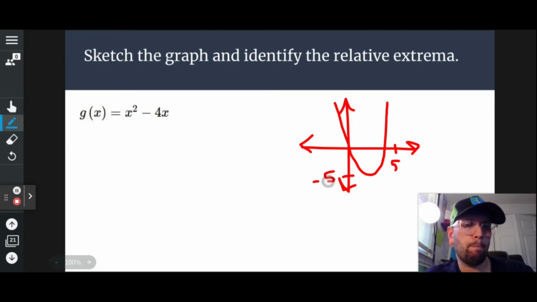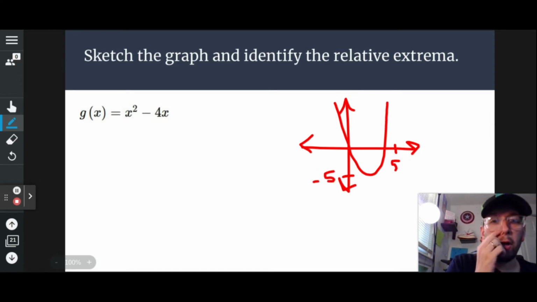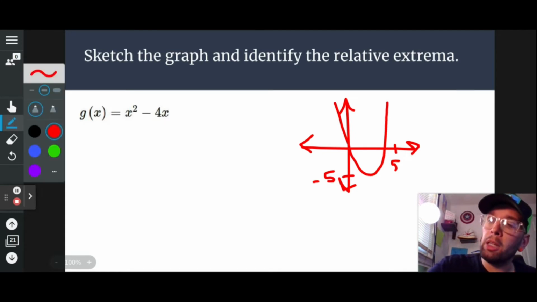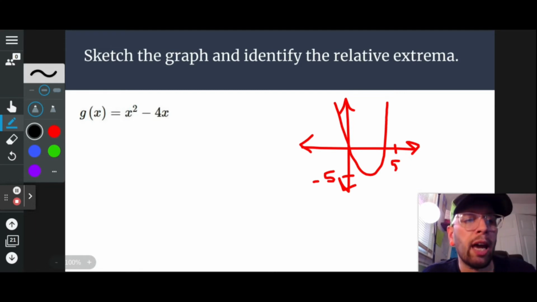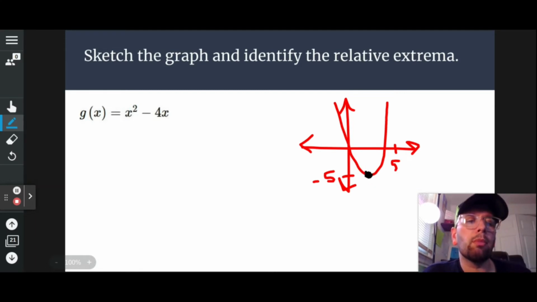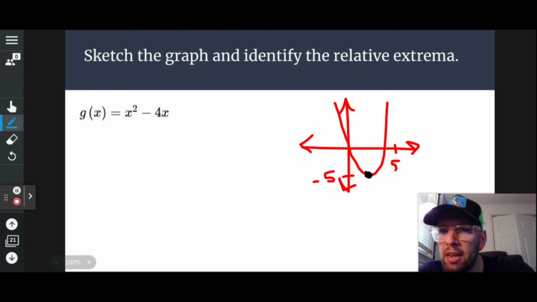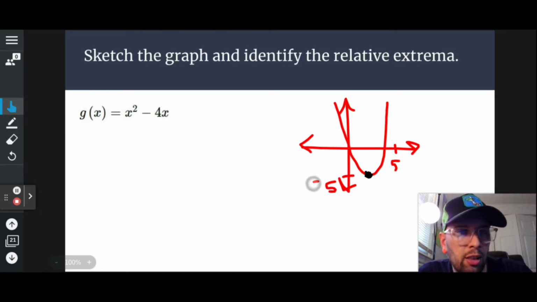Okay. And my job is to find the relative extrema. Not the absolute extrema, the relative extrema, which means find the maximums, find the minimums, relatively speaking. We're only going to have one, and it's going to be right there. And I probably should have moved that -5 down just a teensy bit more, which is what I just did.